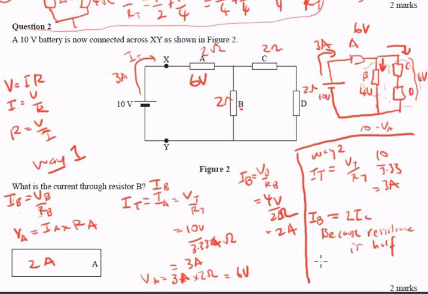If we've got twice the current here that goes in here, and they have to add up to 3, this must be 2 amps, this must be 1 amp, because 2 plus 1 equals 3. Same answer.